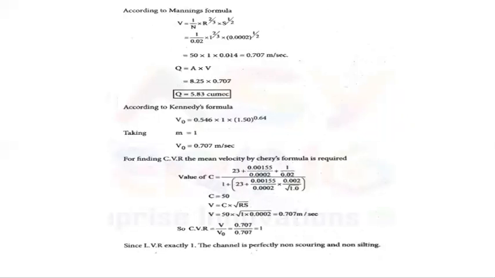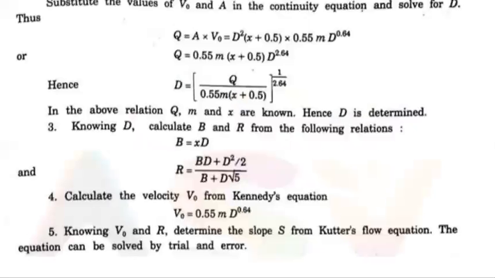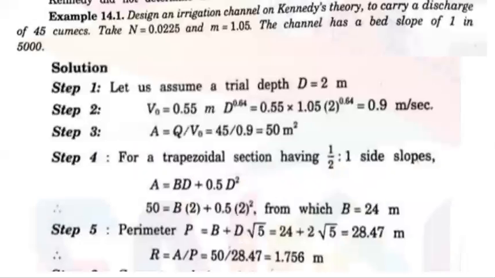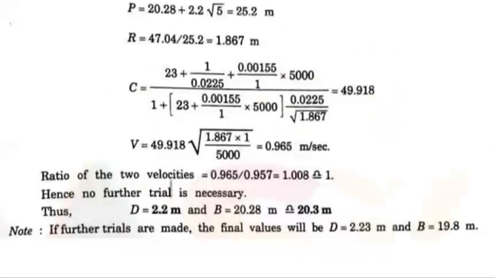So as I have already shown you in one particular example, right? So see the example. So here it's more or less 1, so we have stopped the trial here.